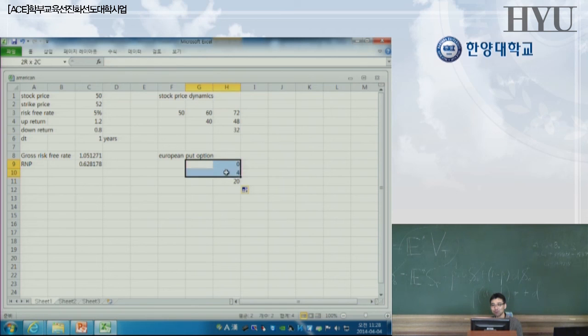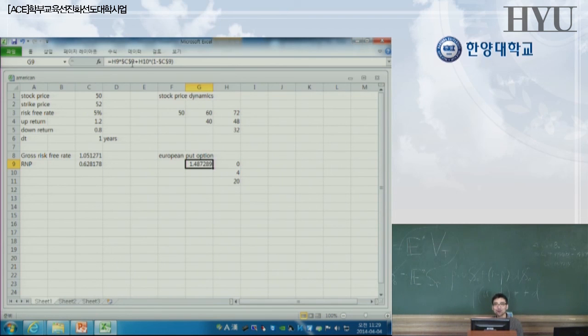For this part I calculate expected value: this one multiplied by up probability plus this one multiplied by 1 minus this probability, right?